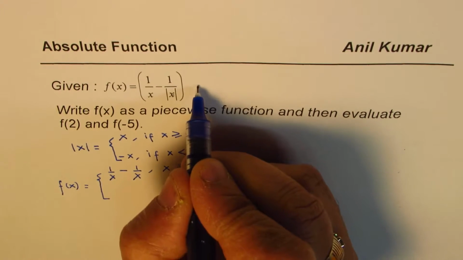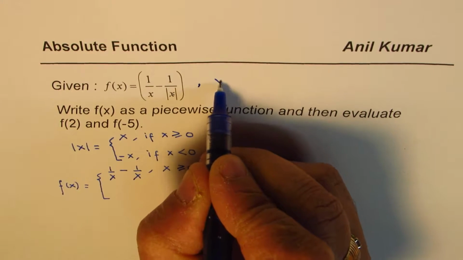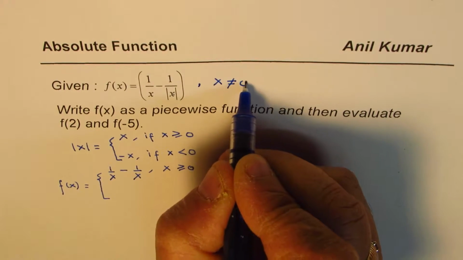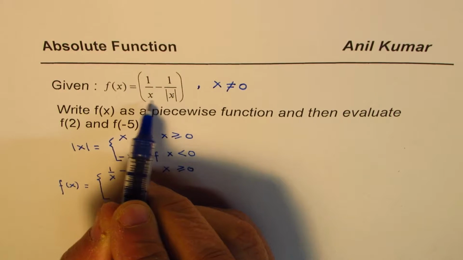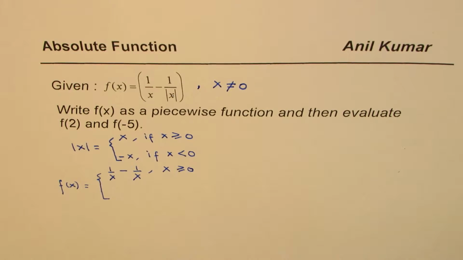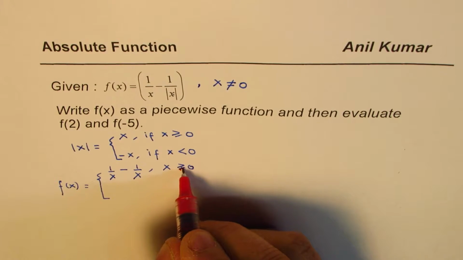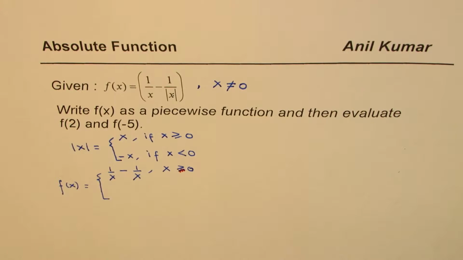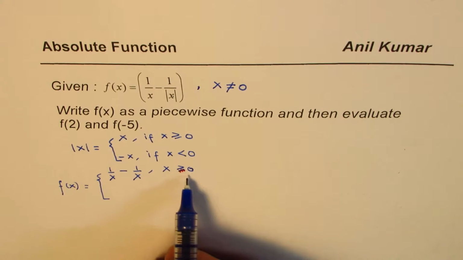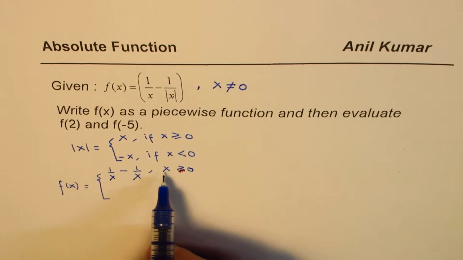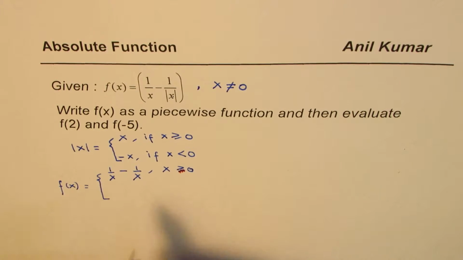Anyway, when you start with, you should note that x is never equal to 0, right? It could be approaching 0 from positive or negative side, since you cannot divide by 0. So we'll take a precaution. We defined absolute x, but as far as f of x is concerned, since x is in the denominator, it can never be 0, right? So it's either greater than 0 or less than 0.